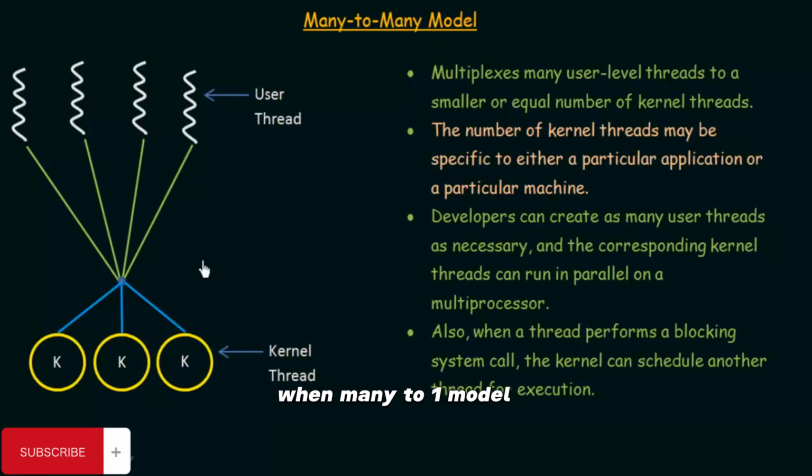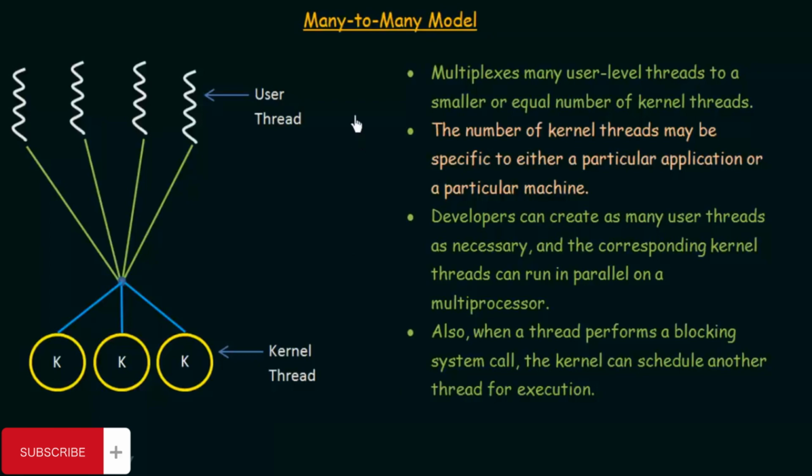In the many-to-one model, when a blocking system call was performed, the entire process blocked, but that problem is solved in the many-to-many model. It was also solved in the one-to-one model, but there were other problems that we faced there, like a user thread could be mapped to only one kernel thread, whereas in this one there is a many-to-many relationship. So in that way, the many-to-many model is also better than the one-to-one model.